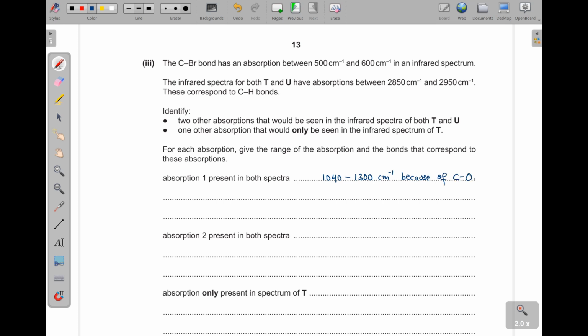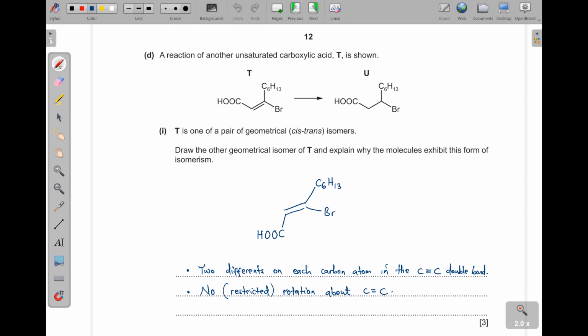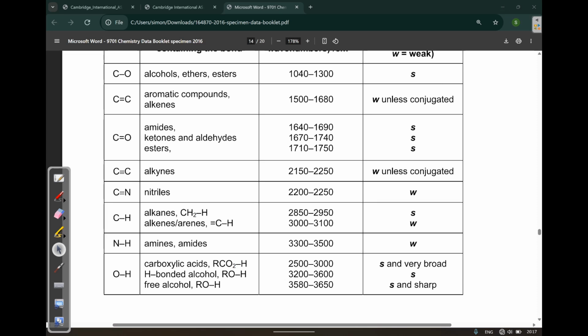Okay, then in both, again, we can see the carboxylic acid, right? The COOH here. So when we go back here and we check for carboxylic acids, you can actually see it here. So 2500 to 3000. You see that? Okay. So that is what we are also going to write.